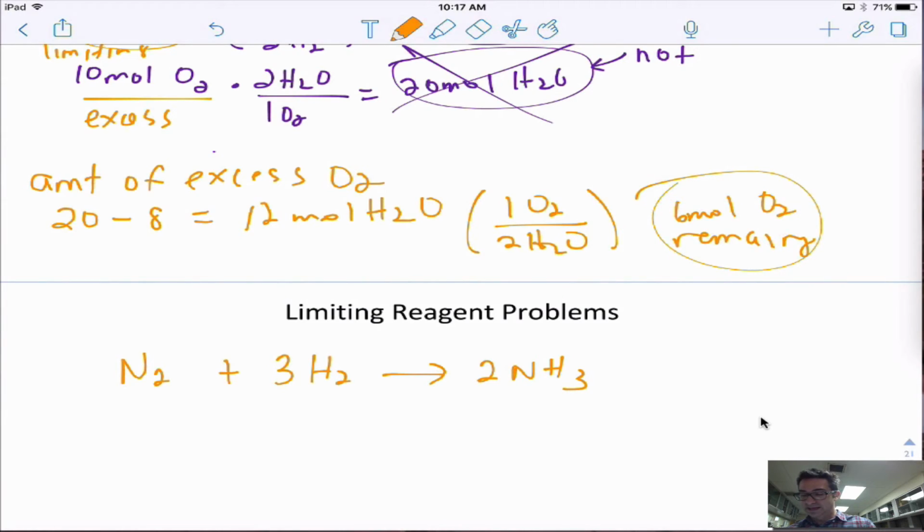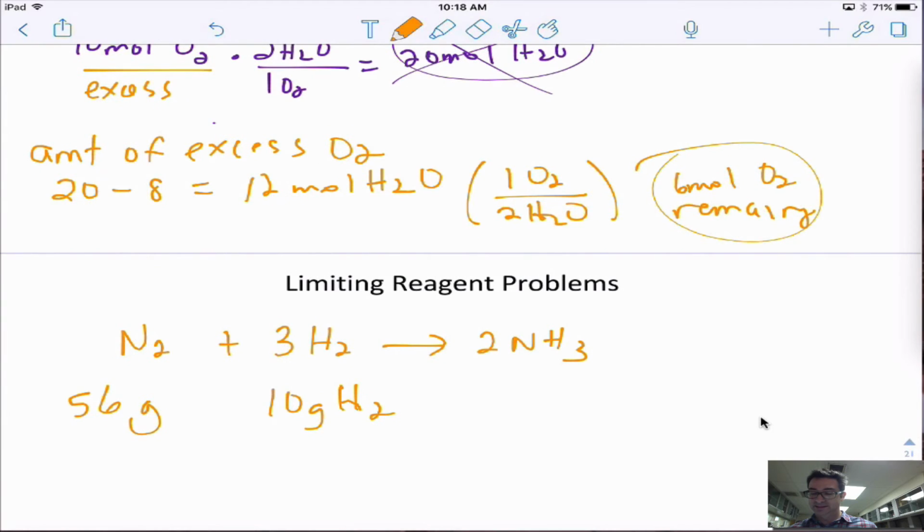And let's say that I gave you 28 grams of N2, and 10 grams of H2. In fact, let's make this 56 grams, and let's keep that as 10 grams. So let's see if you can figure out which one's limiting, which one's excess, based on these numbers.